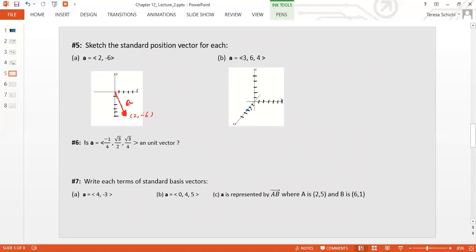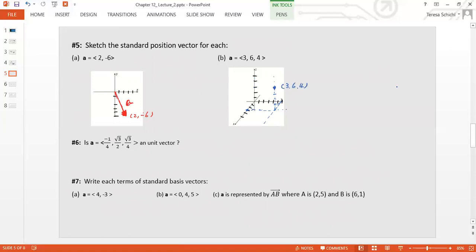You draw a line parallel to the y-axis, and then the y is 6, so you count 1 to 6. Here you draw a line parallel to the x-axis so they intersect here. Then the up is 4, so you draw a line straight up parallel to the z-axis, and count 1, 2, 3, 4. So it's here. This is the point 3, 6, 4.